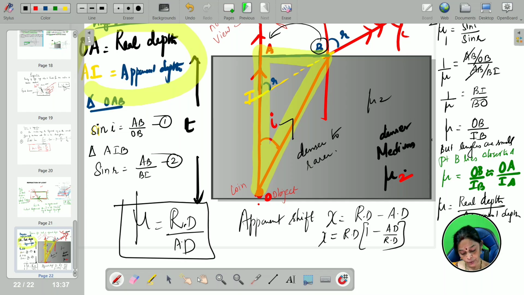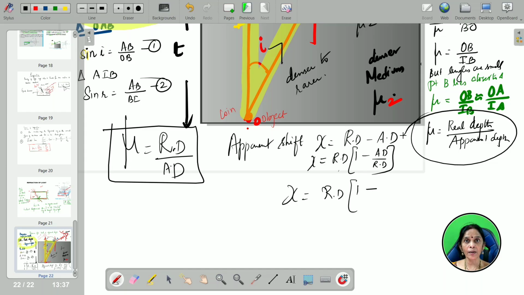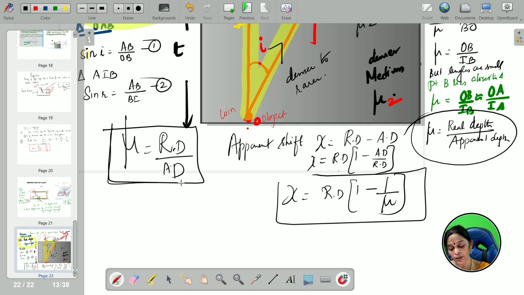So, x is equal to real depth into 1 minus, what is apparent depth by real depth? Mu is real depth by apparent depth, so apparent depth by real depth is 1 by mu. So, this is the apparent shift. The relation we got is that real depth by apparent depth is mu, and the apparent shift we also got to know. So, that is all this derivation.